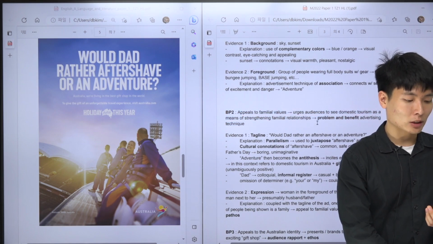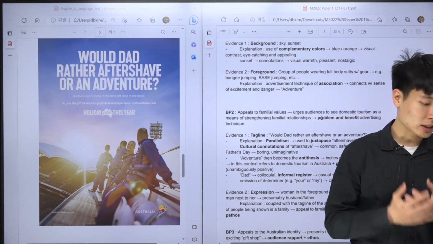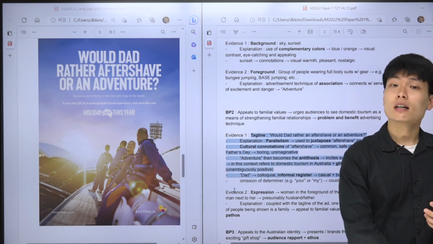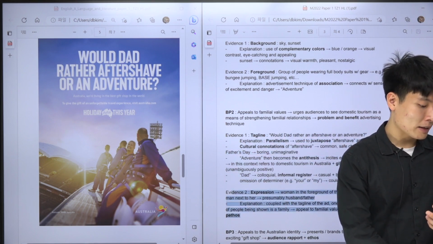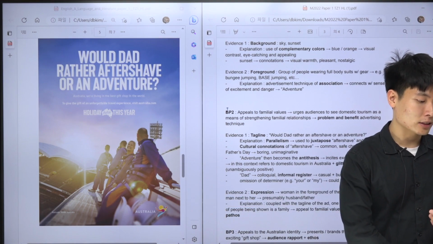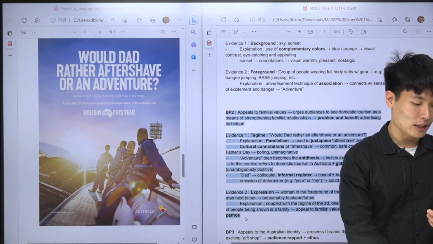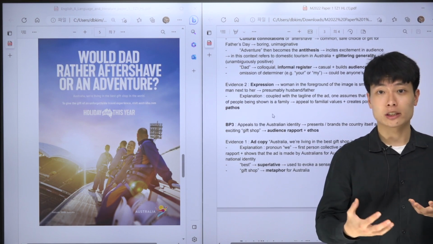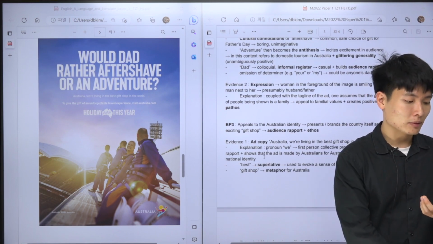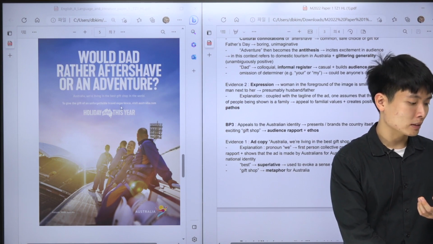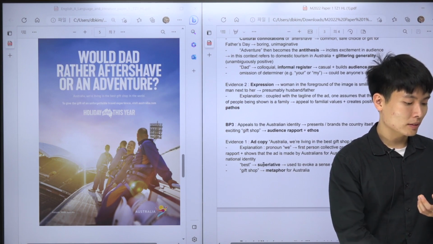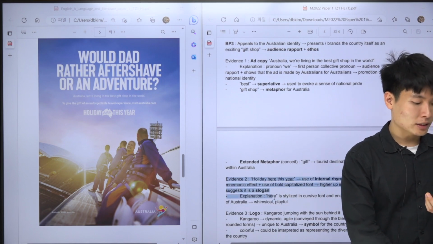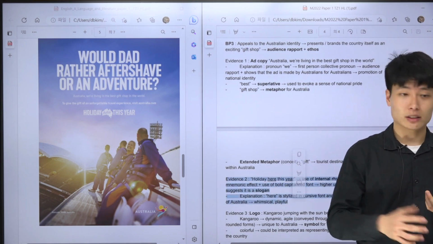And I would mention the problem and benefit advertising technique here, and all the stuff I said about the tagline, the expression that the woman is making in the advertisement would factor into this body paragraph. And then my last point, the appeal to Australian national identity, I would use the ad copy, this line here. And I could also bring in that slogan we mentioned, "holiday here this year."